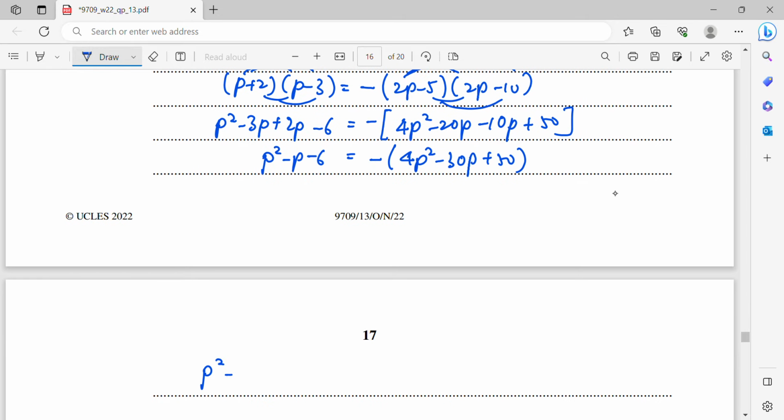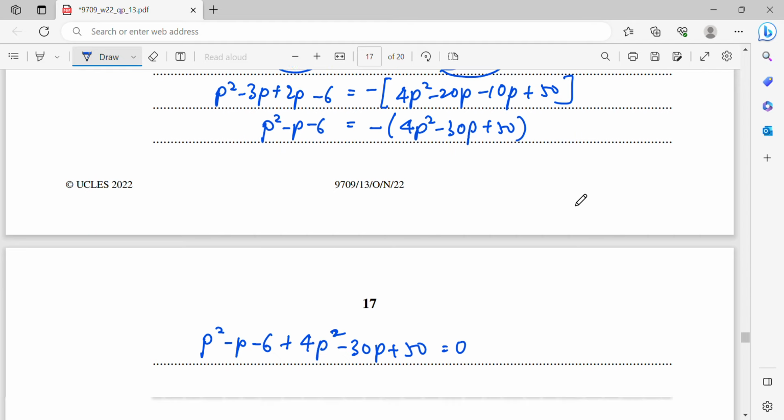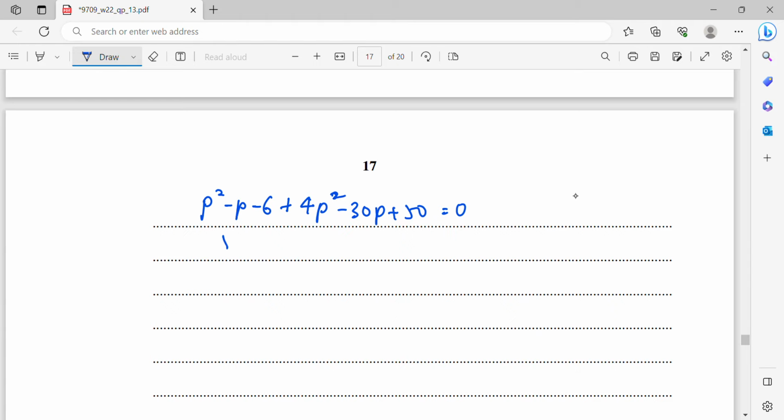Now it becomes plus, because initially you multiplied the brackets with minus, so now all becomes plus. And you can directly open the brackets, then equals 0. From here, I will get 5p squared minus 30p minus 1p, which is minus 31p, then 50 minus 6, which is plus 44, equals 0.